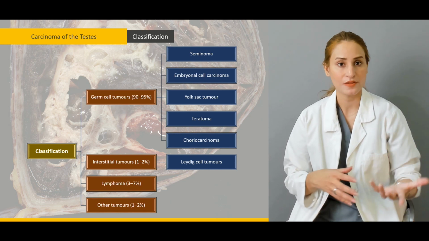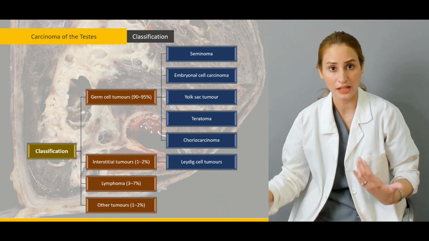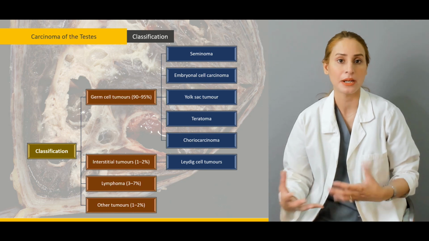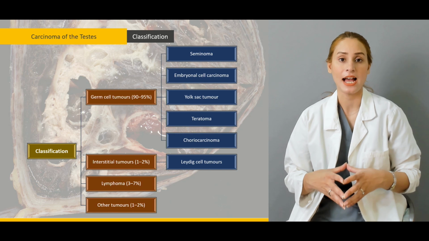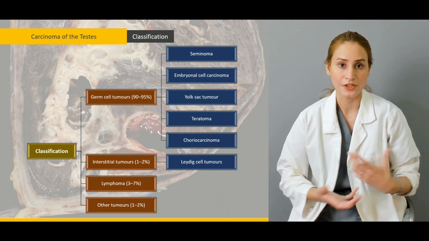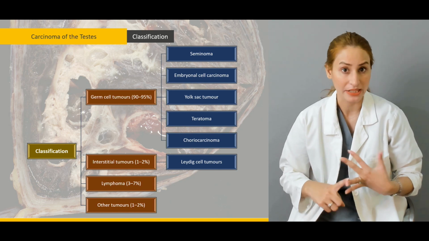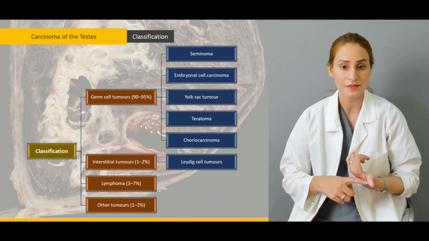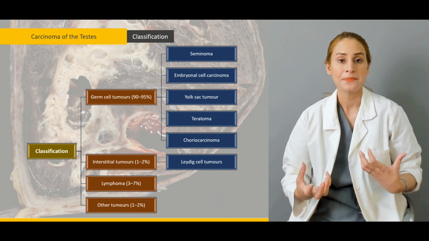Teratoma is a kind of tumor which is derived from all the three layers: ectoderm, endoderm, and mesoderm. In the teratoma, you can find different constituents. There can be hair, there can be cartilage, there can be nail, there can be bone, there can be soft tissue, because it is derived from all the three layers.